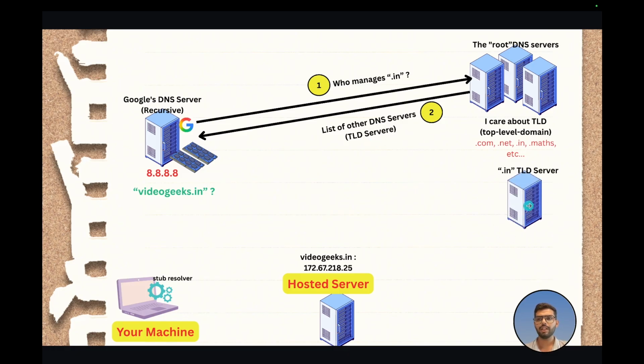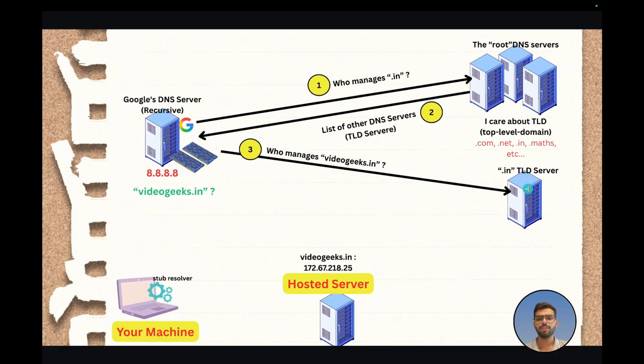Now we have something called TLD servers, which are like maintainers of a particular top level domain. So let's say in this case we are fetching for .in. Google will receive the list of TLDs, and it will query the first TLD, and basically ask who is managing videogeeks.in.